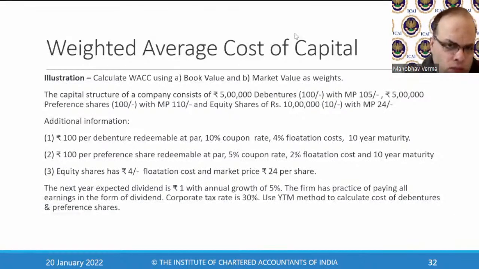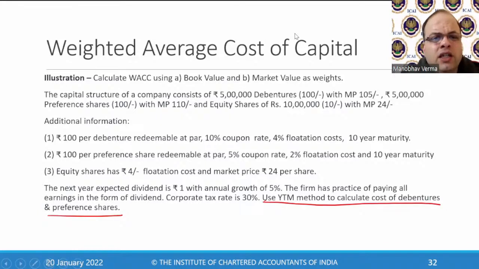Debentures are redeemable, preference shares redeemable, equity shares. Next year's expected dividend is given to us. And they are saying to use the yield to maturity method to calculate the cost of debentures and preference shares. That means we are calculating NPV at two different rates to calculate the IRR, I guess.